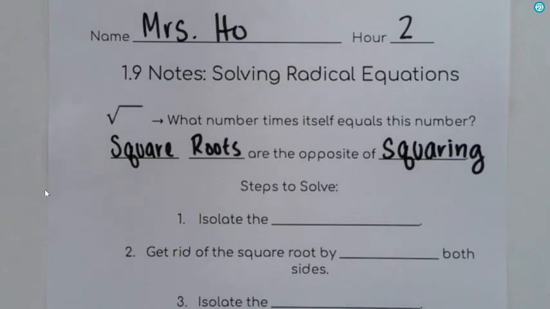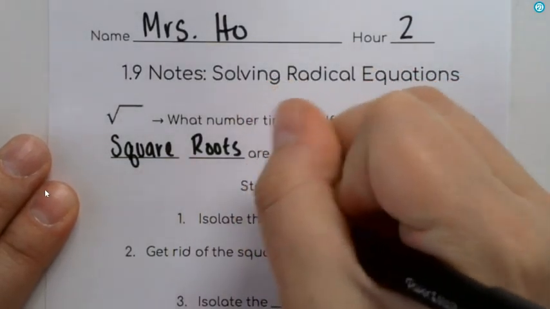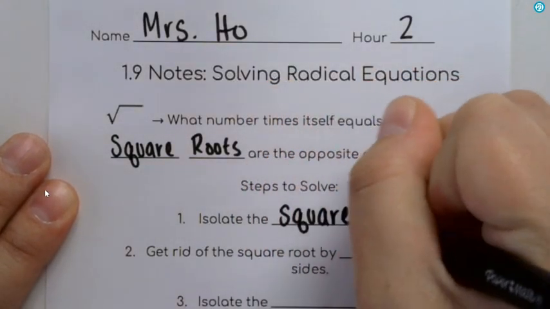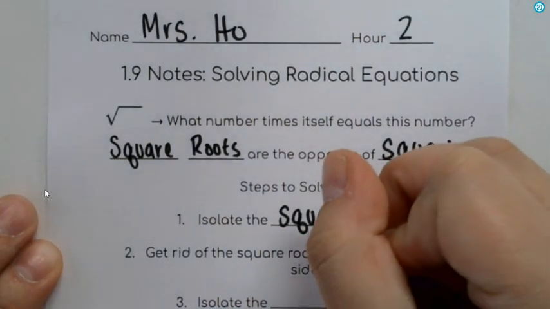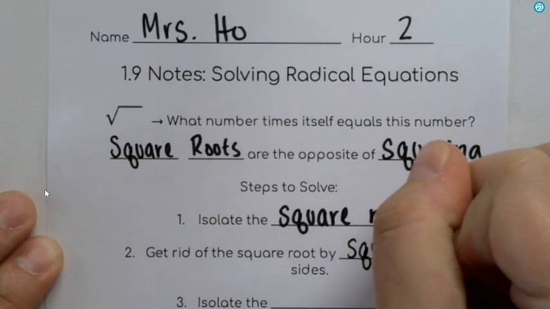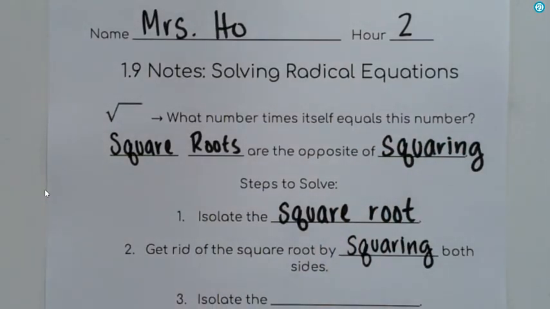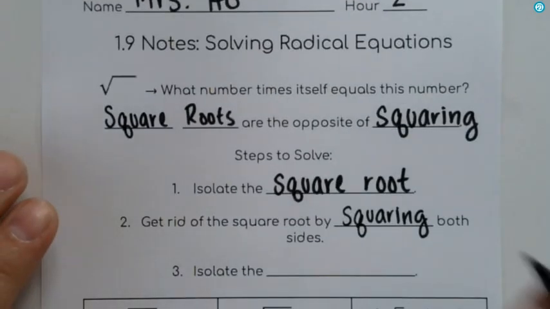Step 1 is to isolate the square root. What does it mean to isolate something? Get it by itself, put it on its own. So we're going to get the square root by itself. Get rid of everything that's outside of the square root first. Then we can get rid of that square root, and we do that by squaring both sides of our equation. And then our last step is going to be to isolate the variable.